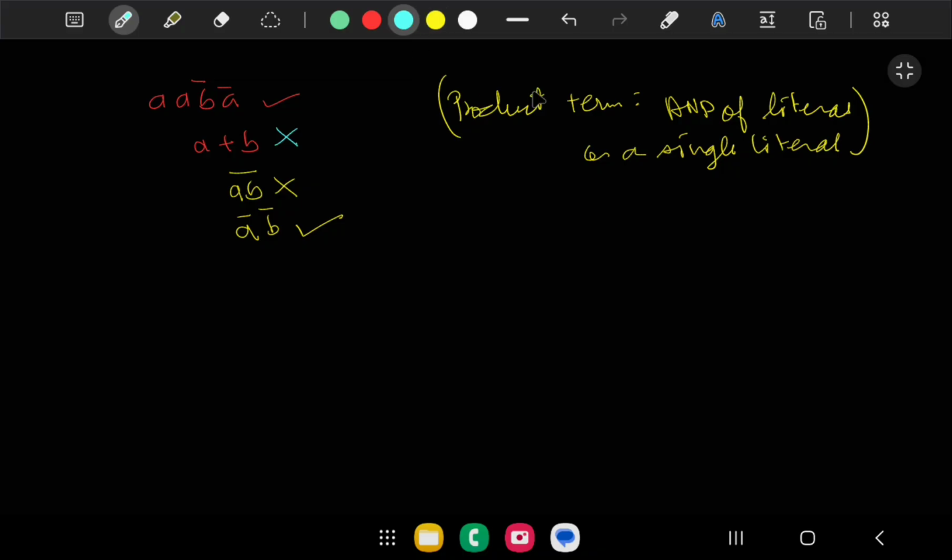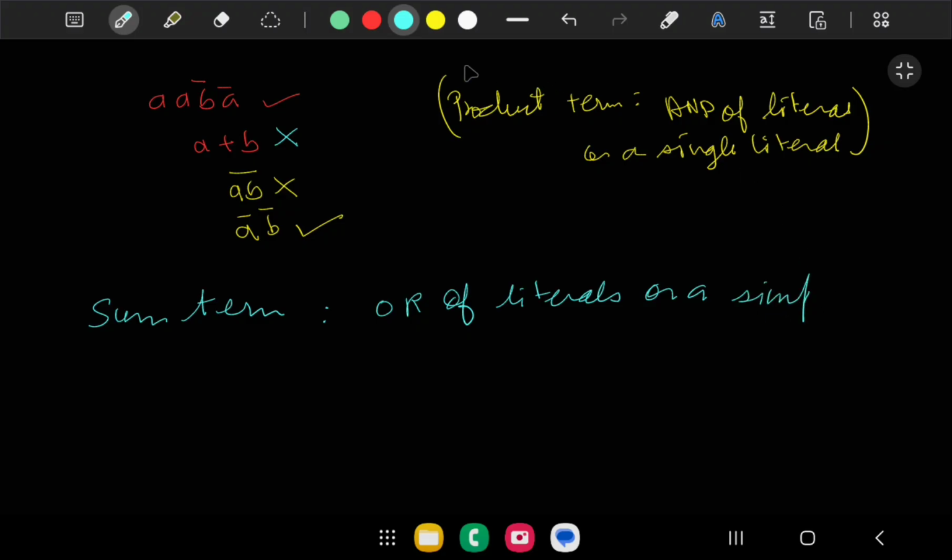Now, sum of literals or sum term, which is OR of literals or a single literal.